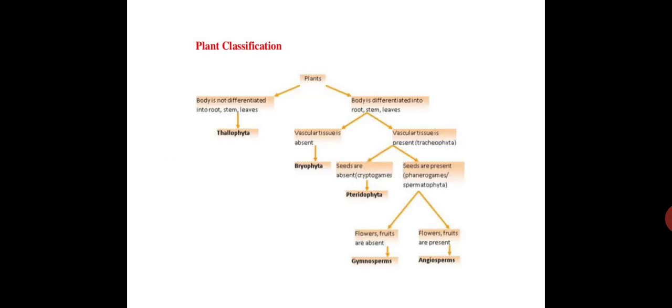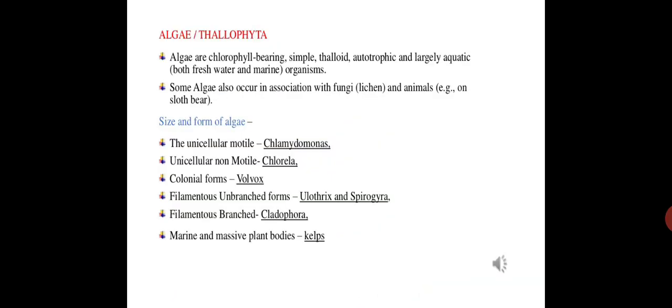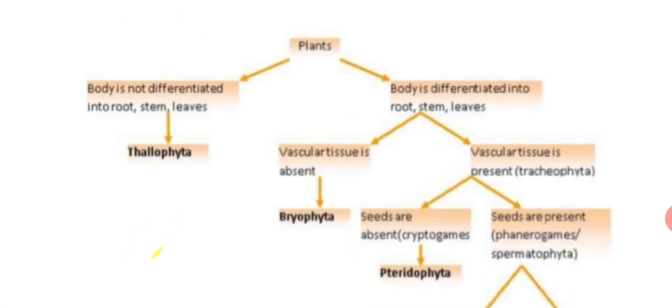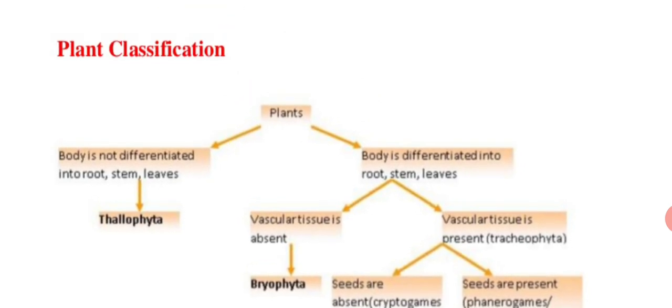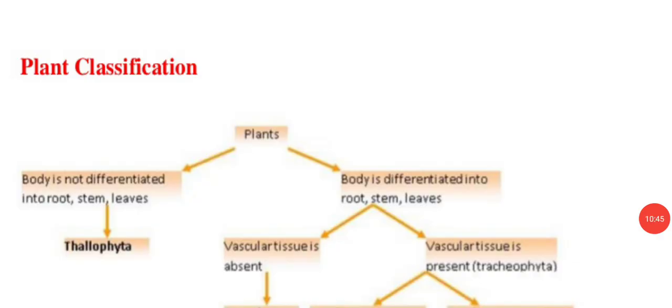Now next, before looking into detail about the different types of plants, firstly we'll have a broad outlook on the classification of the plants. Basically, plants are classified firstly on the basis of one character, and that is whether the body of the plant is differentiated into true roots, stems, leaves or not.